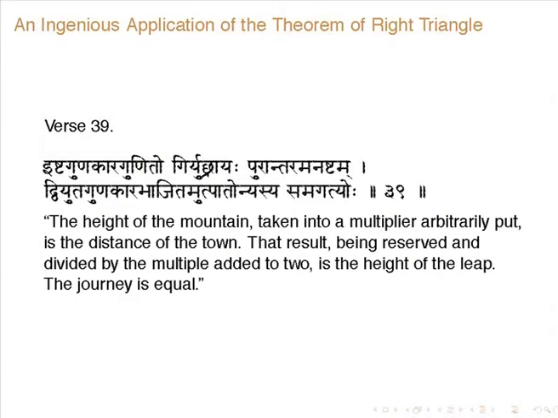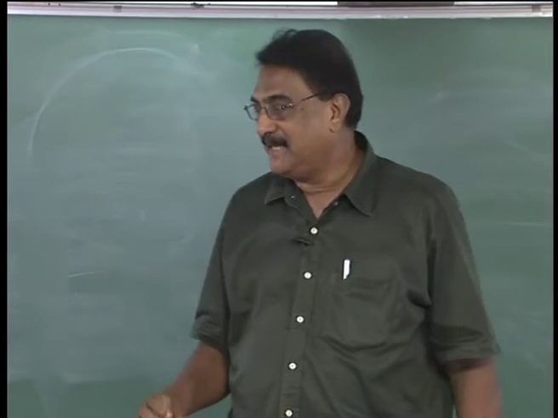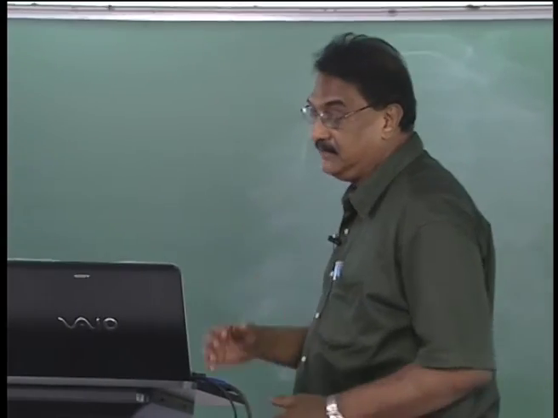So, then another very interesting kind of problem is discussed very briefly in Brahmasphuta Siddhanta, as characteristic of many books. It is just given in one verse, but it contains a lot of information, but it does not give the details.